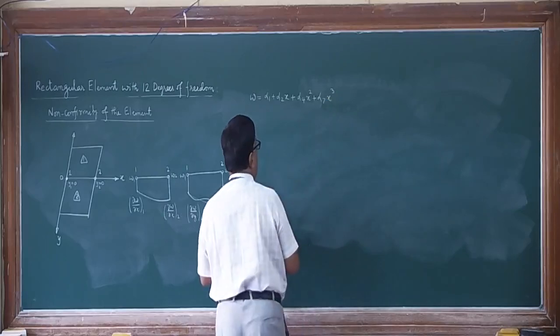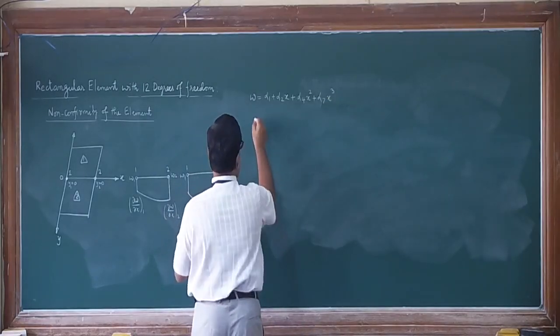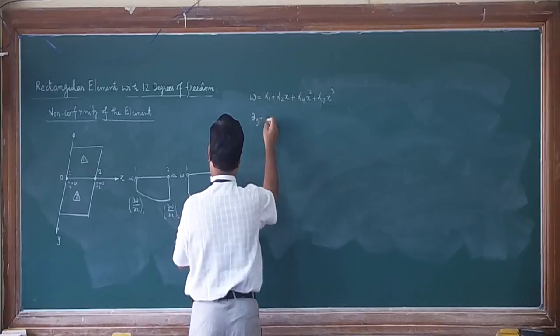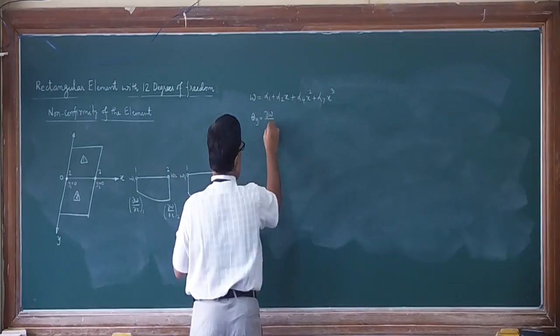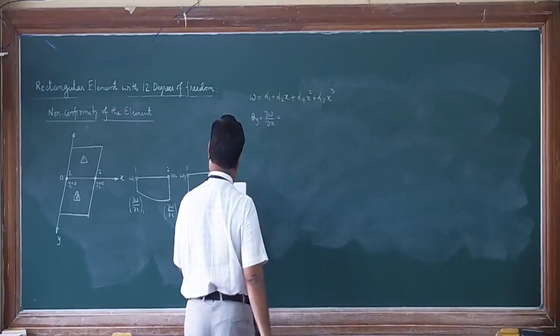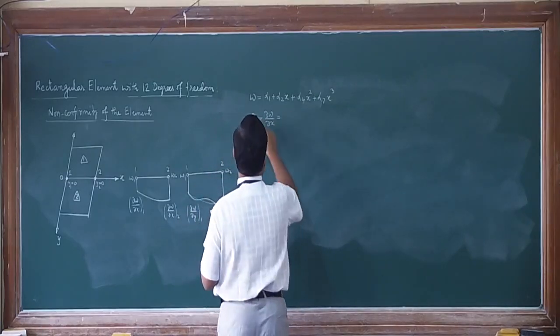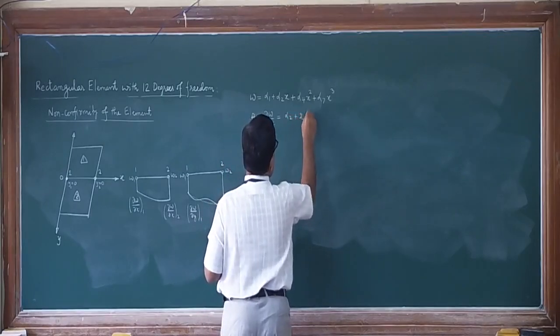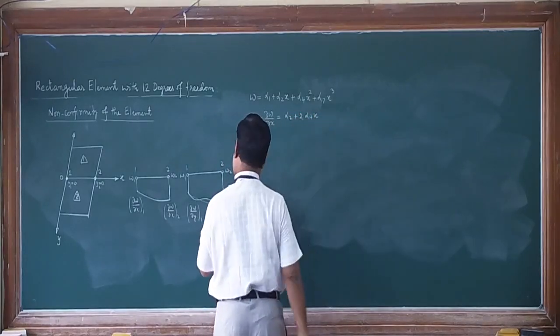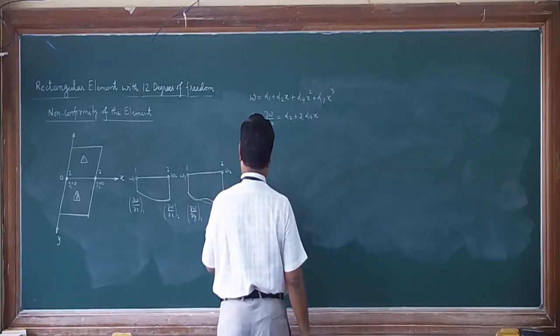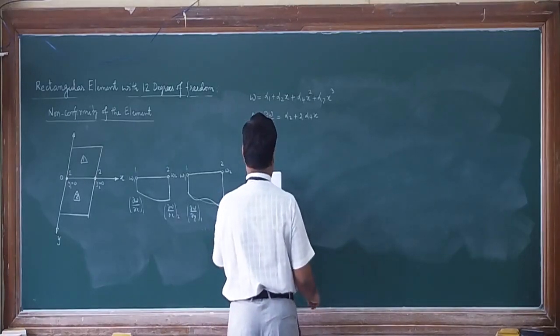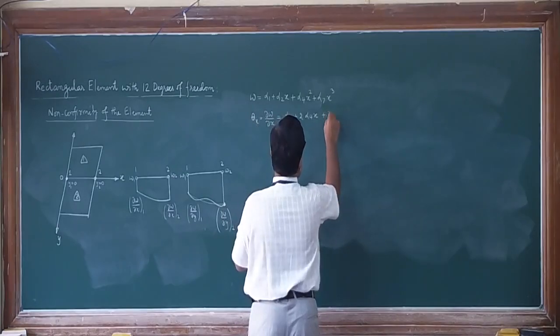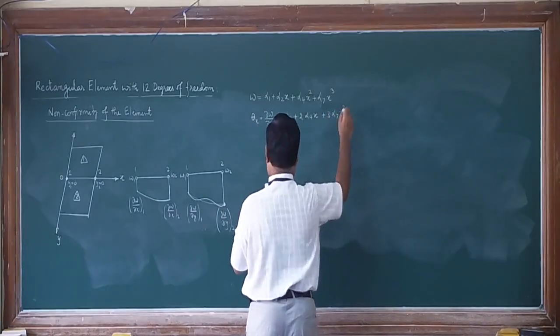Only these are the terms you will get, and automatically if I want theta y, this is theta x, that is dou w upon dou x, alpha 2 plus 2 alpha 4 x plus 3 alpha 7 x square.